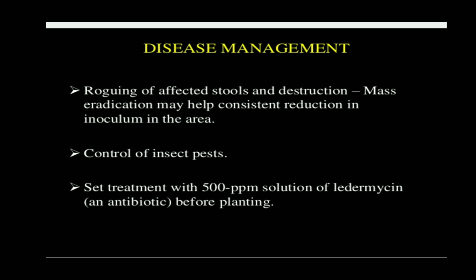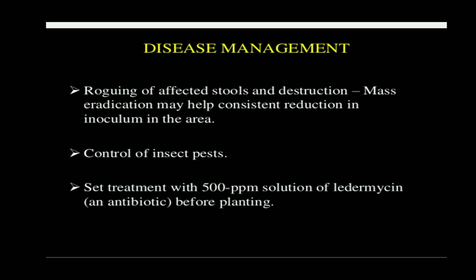The control of insect pests: you know the vectors for this mycoplasma are aphids, nematodes, grasshoppers. Such insects you have to control by applying insecticides, so that the mycoplasmal infection does not reach the sugarcane. This is also a good method.